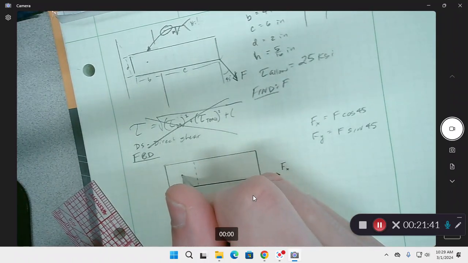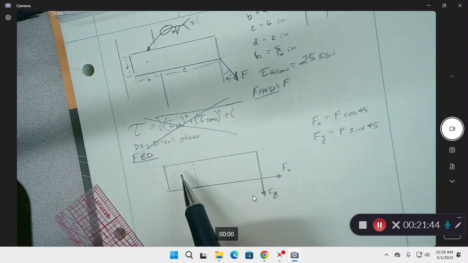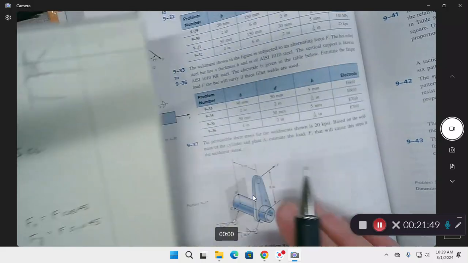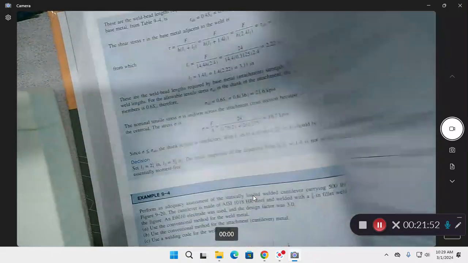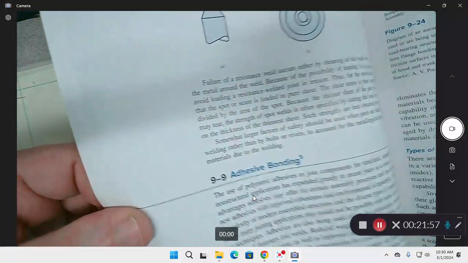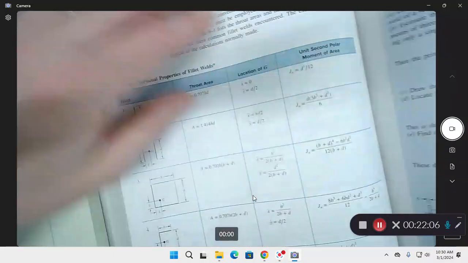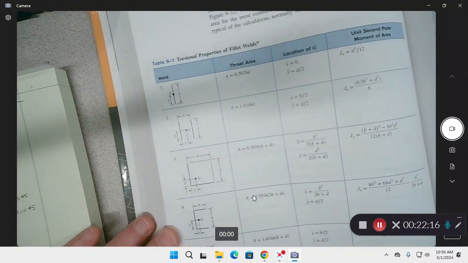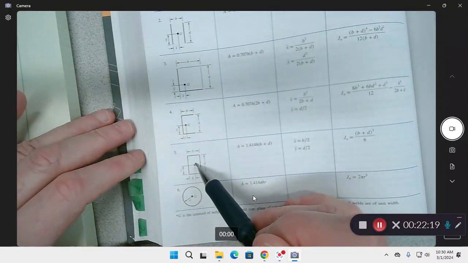If this was a C instead of a rectangle, we would want to make sure, and maybe it's a good procedure anyway when you're doing a problem, to go ahead and look up into this section right here, and look up the thing that we're going to use, which is going to be a rectangle.